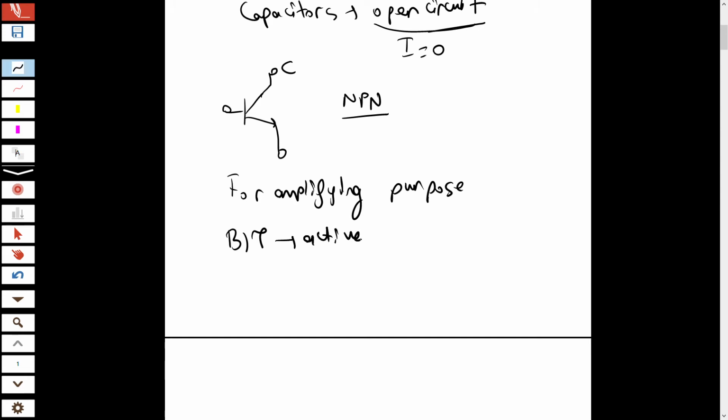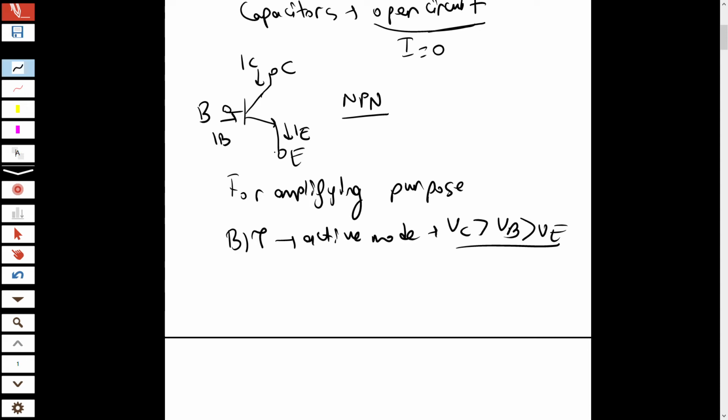What do we mean by active mode? V collector greater than V base and V base greater than V emitter for NPN type. So here there is base, here there is emitter, here there is collector. Collector current comes in, base current comes in, and emitter current comes out.